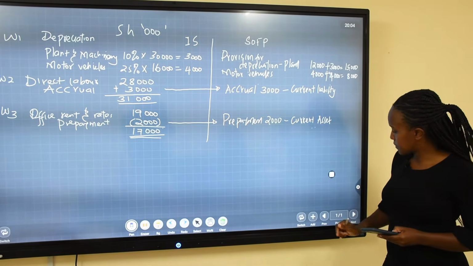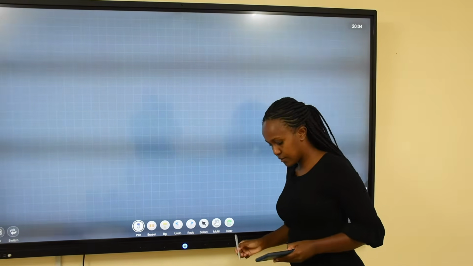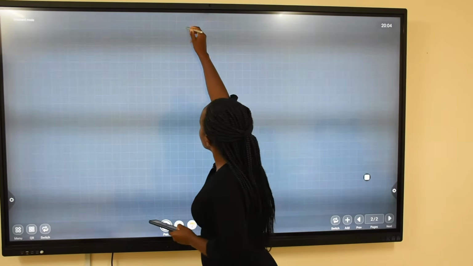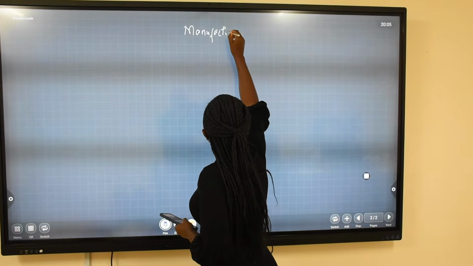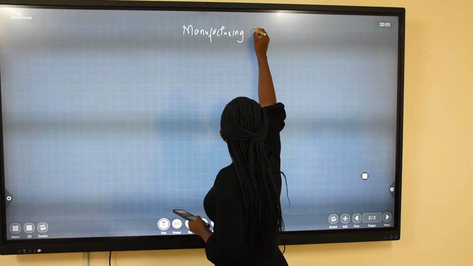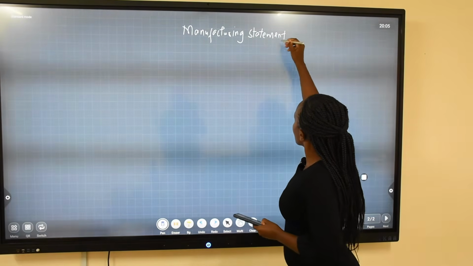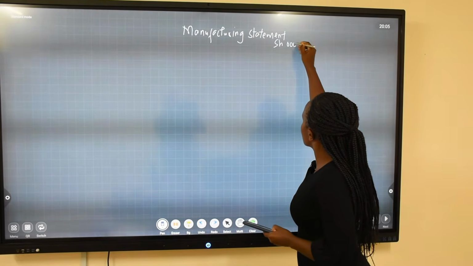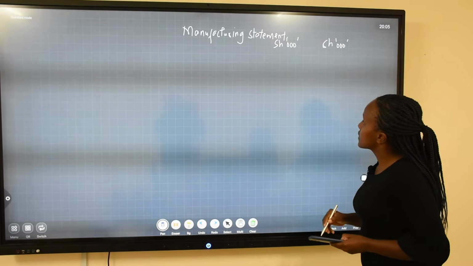So to proceed, we can now prepare the manufacturing statement. So we are going to have two columns like that.